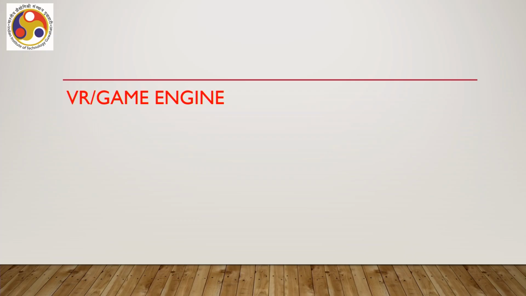Now, let us try to get some idea of the practical systems, actual systems that are in use in this domain of VR experience development. So, we will start our discussion with the concept that we have repeatedly referred to, that is VR engine or game engine.